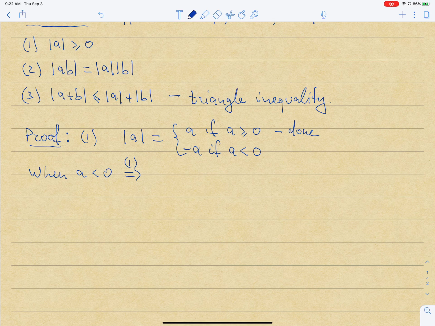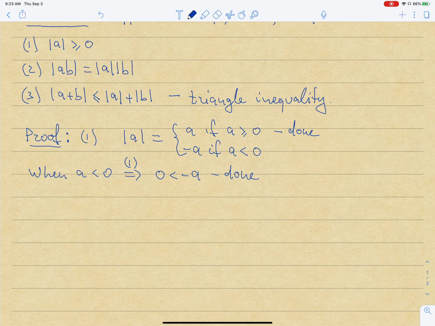So from that item, when a is less than 0, then 0 is less than minus a, right? So then we got that minus a is positive. And so then in the second case, we're done as well.